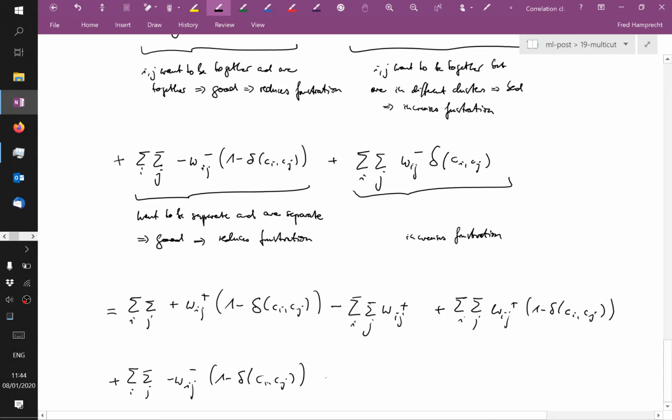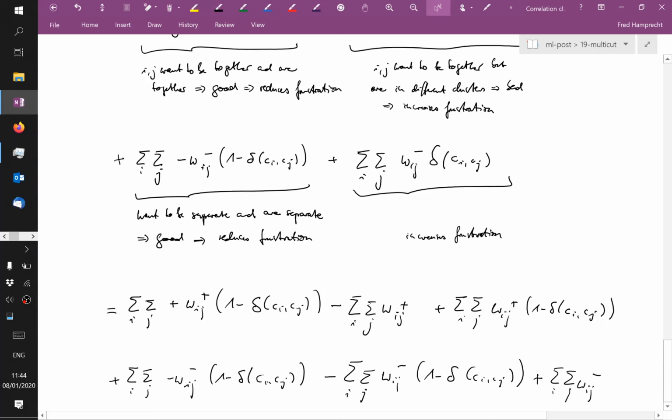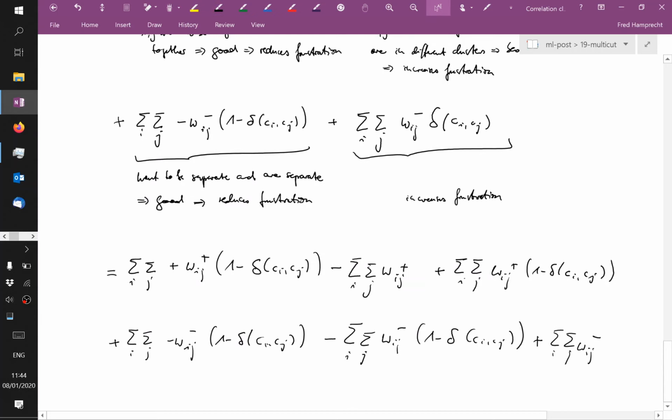We are having minus one minus delta c_i c_j. With the minus in front, I get the correct sign for my delta term, but I need to cancel the term that I've introduced too much, which was this one here. Good, so it's the exact same thing, just rewritten. I now have everywhere this 1 minus delta.